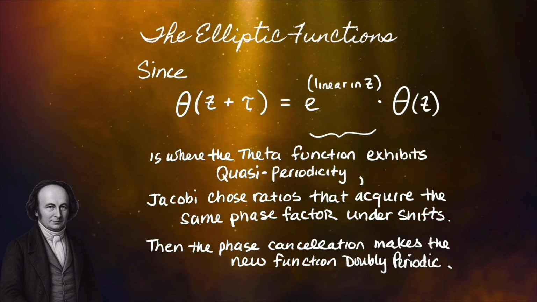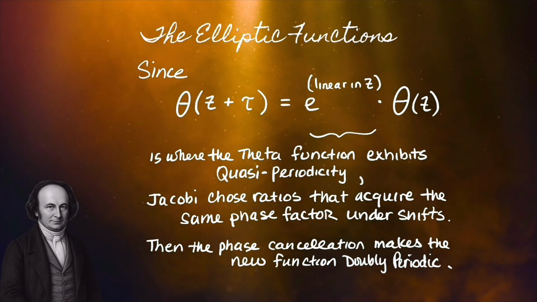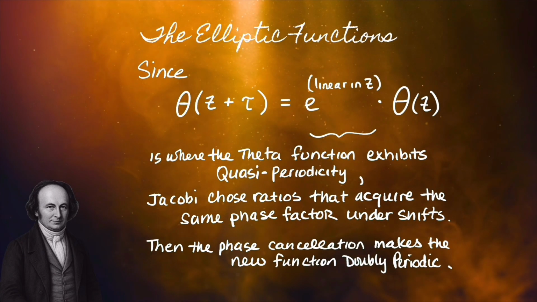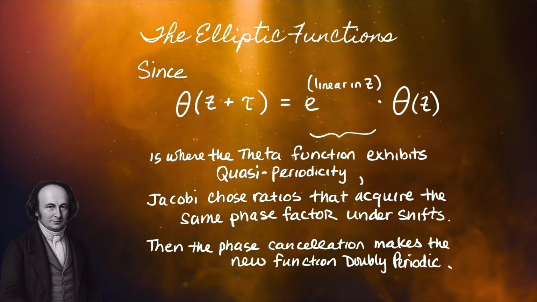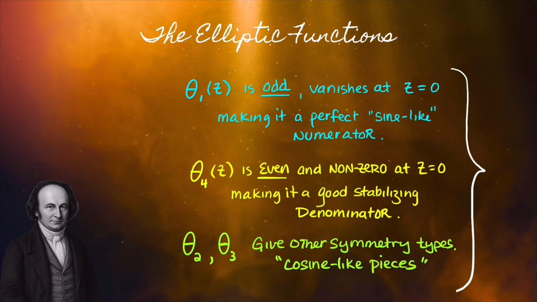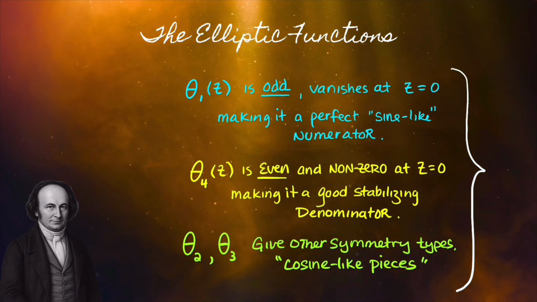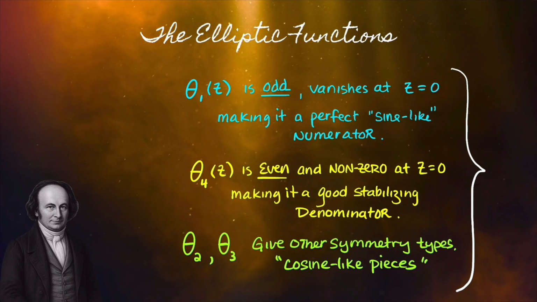So Jacobi chose ratios that acquire the same phase factor under different shifts. Then the phase cancellation makes the new function doubly periodic. Jacobi looked at the fact that theta 1 was odd and vanishes at 0.